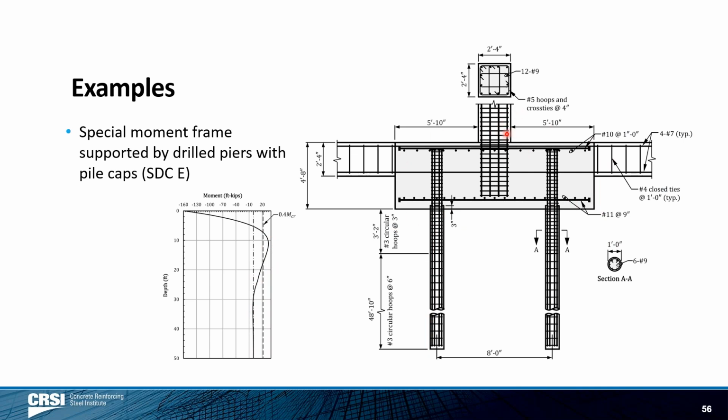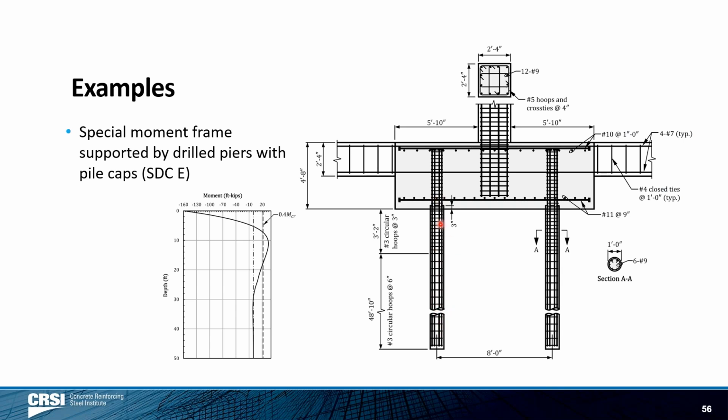This particular column is subjected to uplift. So we have these top bars. You'll notice we use a lot of headed bars in this case because there are certain development lengths that need to be met, especially for cases when you have tied arch behavior. And the headed bars work out very well in those cases.